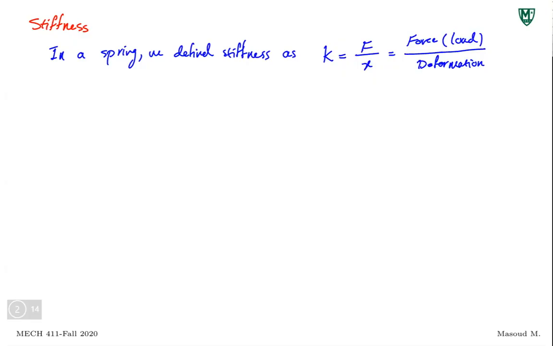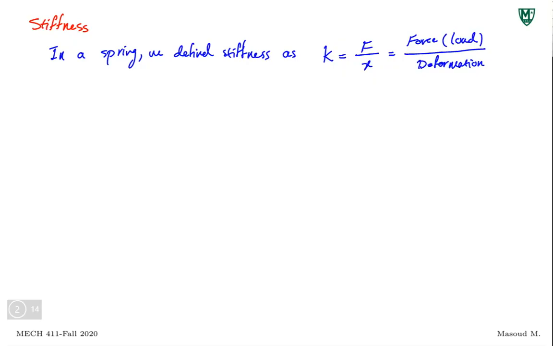Think back about solid mechanics, where you were measuring the bending in a beam. You had a beam, you're applying your force, you're measuring how much this beam bends. In that case, also, you have a force applied and you have a deformation in that beam. So you still have a spring-like behavior, behavior similar to a spring.